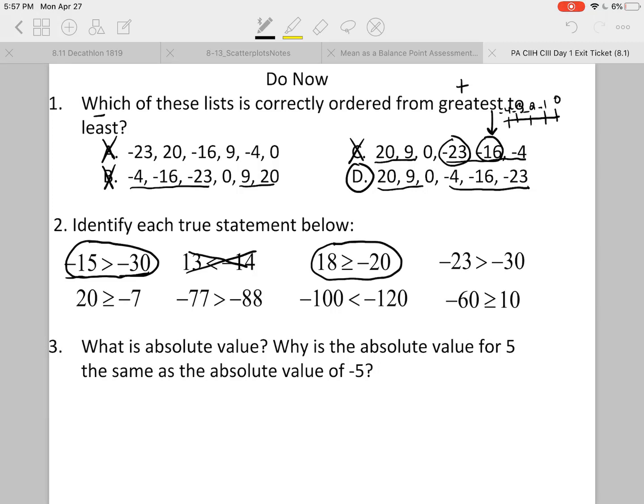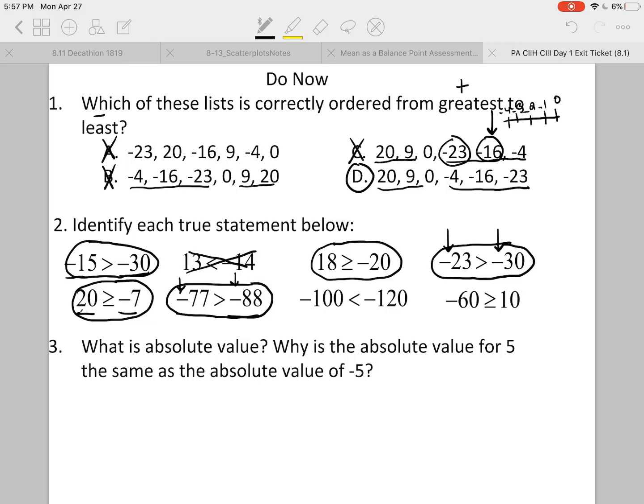We have 2 negatives. We have owing somebody $23 and owing somebody $30. It is better to only owe 23, so this answer choice is correct. Here we have a positive number and a negative number, so this is correct because the positive number is greater. We have a negative and a negative. It is better to owe 77 than to owe 88, so this statement is correct, and -77 is greater.